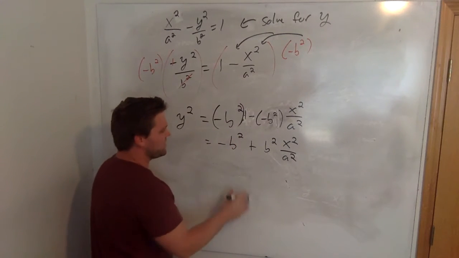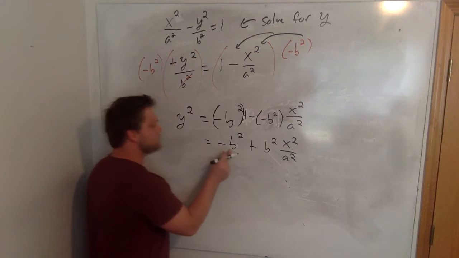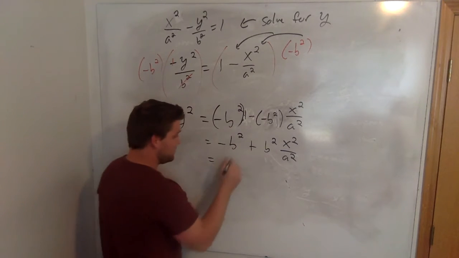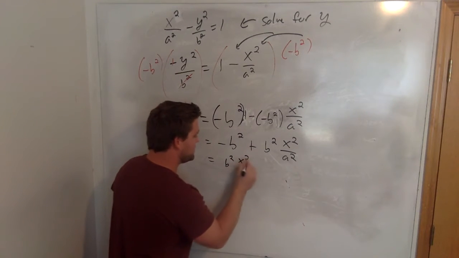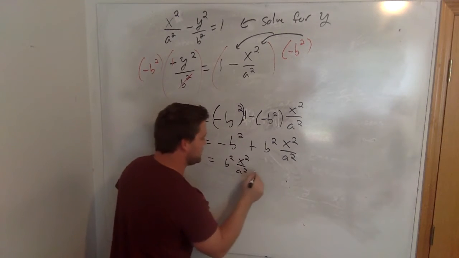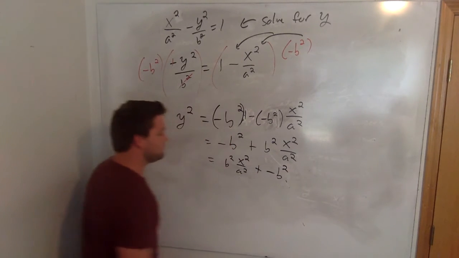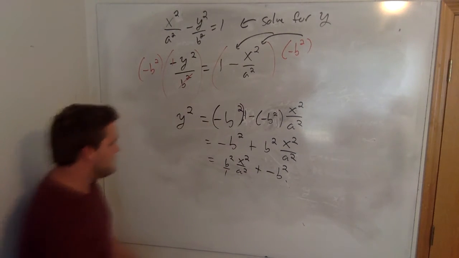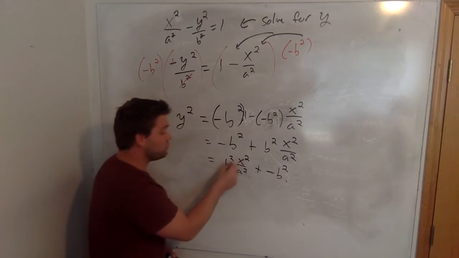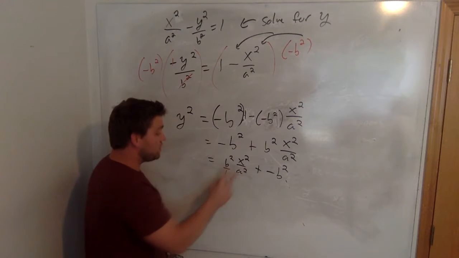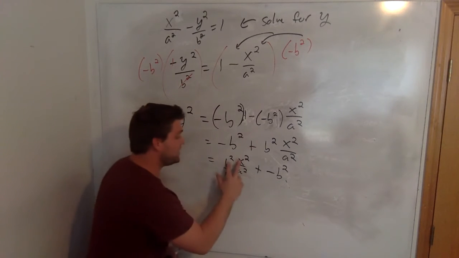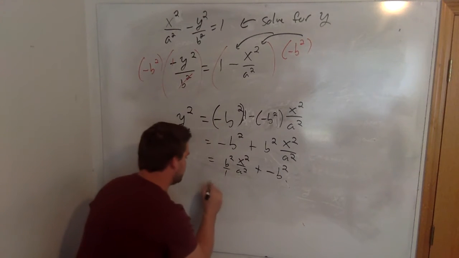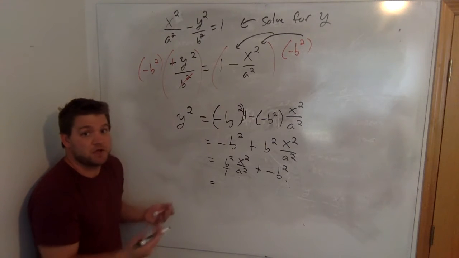Okay, let's clean this up a little bit more. I don't like having this negative b squared first, so I'm going to flip the order of addition. We could write this as b squared times x squared over a squared plus a negative b squared. Thinking of b squared as b squared over 1, and remembering that we multiply numerators and denominators and that order of multiplication doesn't matter, I can rearrange these however I like, just to make it look nice.